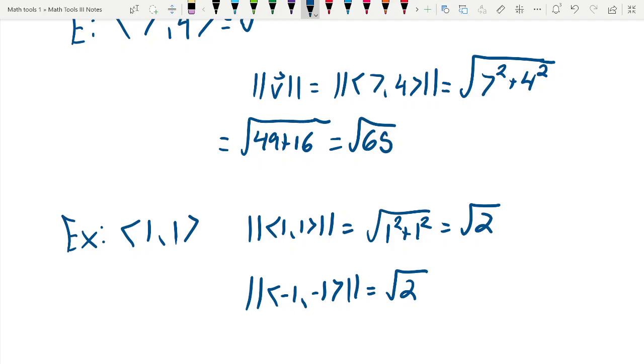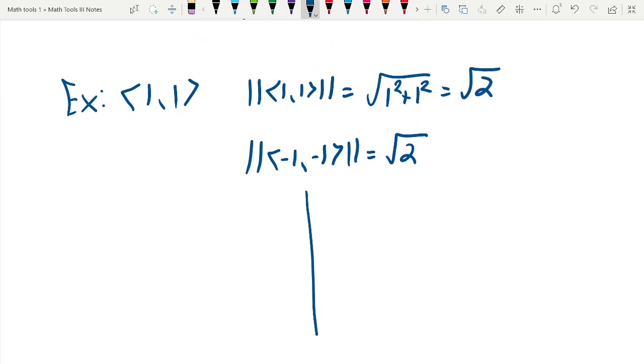Because the squares take care of those negatives. Again, this makes sense graphically. If we think about this vector being the vector 1, 1, and then this vector being the vector negative 1, 1, or negative 1, negative 1, we can see that they have the same length. So it makes sense. It's the direction which is different between the two.